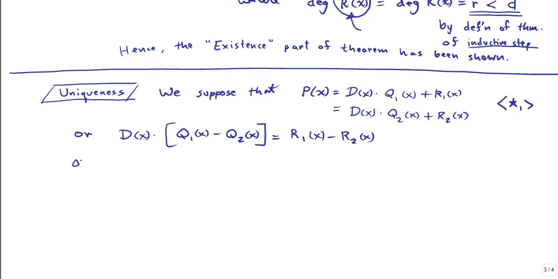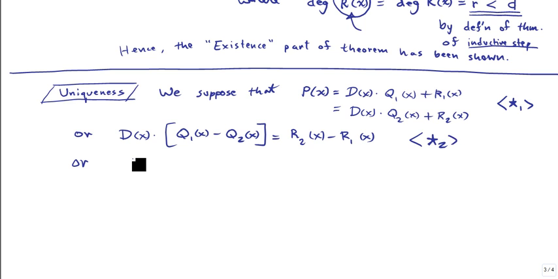Actually, I got this backwards. This really should be r2 minus r1, I guess. Right? And let me call that my star 2 equation.